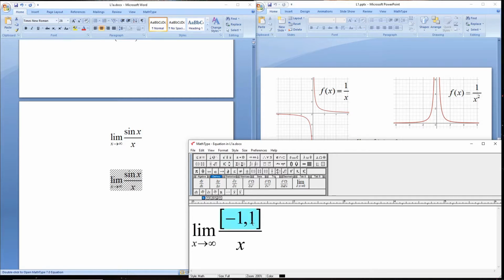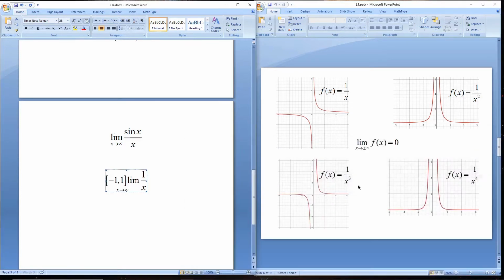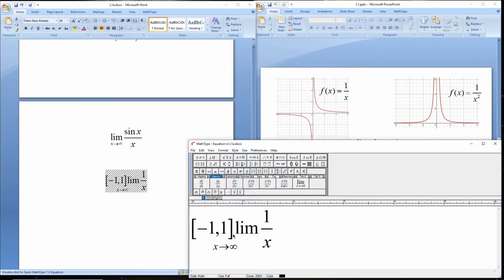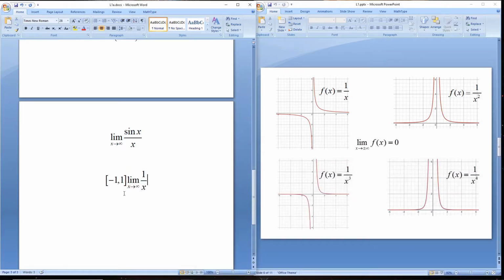And this is always going to be just some constant. It's just some number. So I'm just going to pull it outside the limit. And we have this scenario. Oops, there we go. It looks a little better. And so we have our limit again of 1 over x. And that goes to 0.